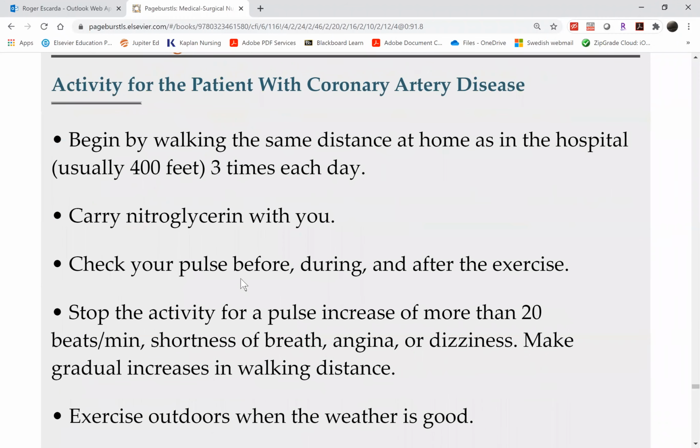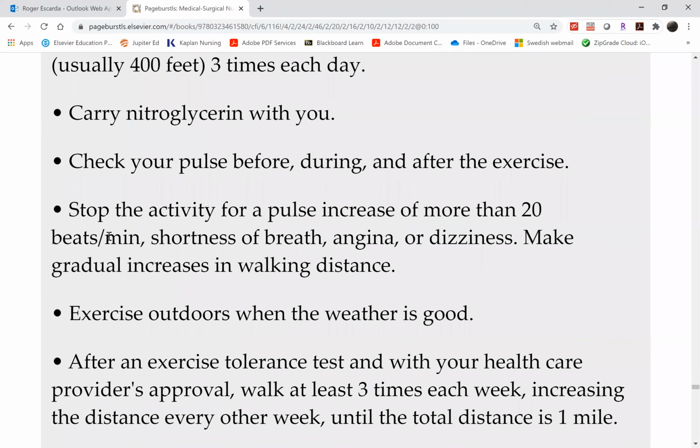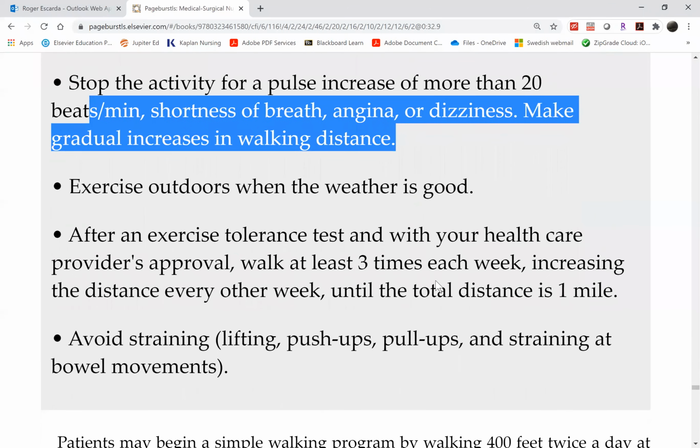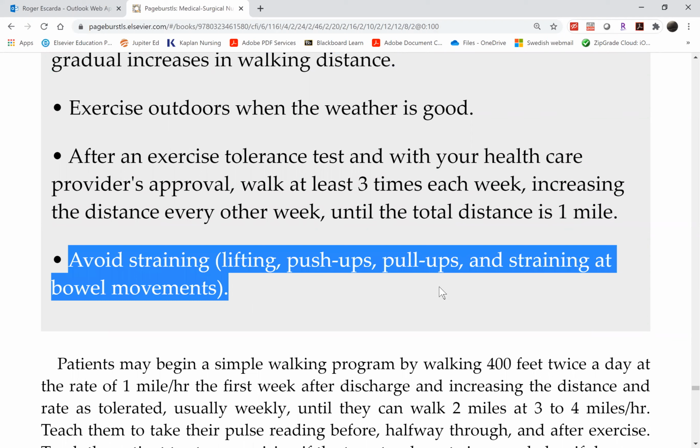They carry nitro when they do the exercising. If these symptoms come on, stop, rest, and then take your pulse. Here's the exercise. No strenuous activities. So lifting, push-ups, none of that. And including Valsalva.